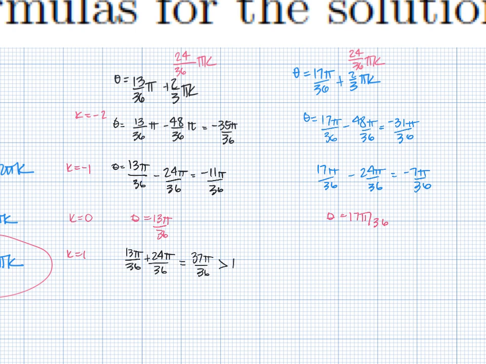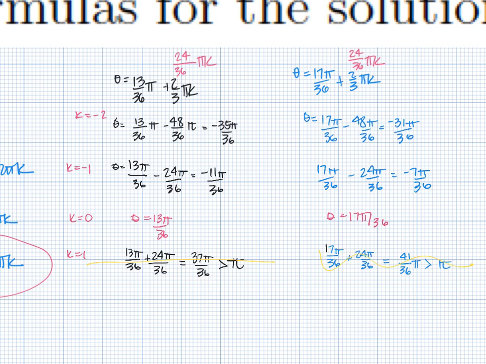And I want you to notice this is bigger than pi, so this is not one of our solutions, which means that this other one also won't be one of our solutions, but we can show you just to check it. 17 pi over 36 plus 24 pi over 36 will give us 41 pi over 36, which is again bigger than pi. So this one's not a solution as well.